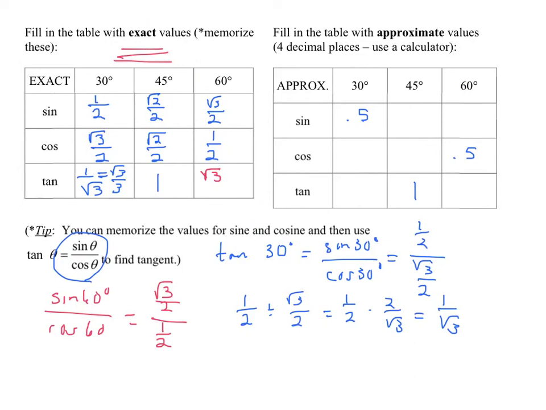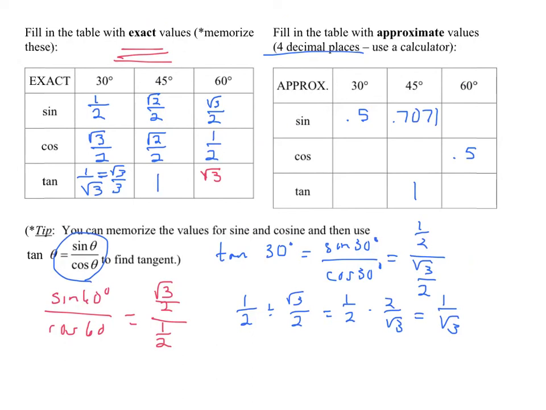Okay, so now the other ones are the sine of 45 would be square root of 2 over 2, and they went 4 decimal places here. It would be 0.7071.